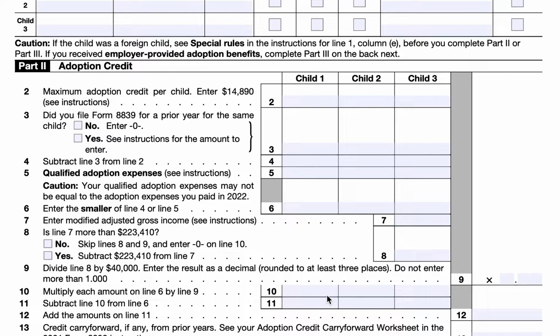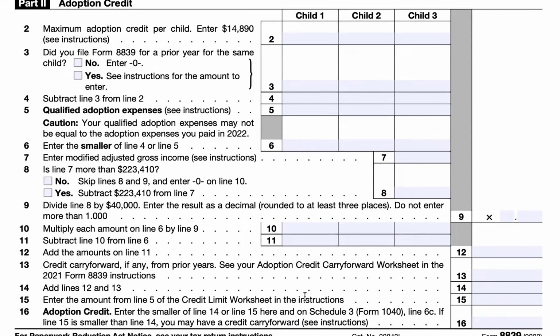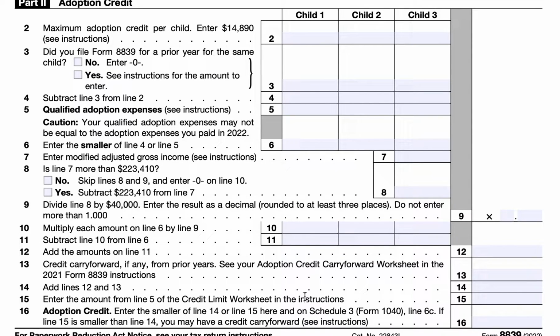In line 13, you'll enter the amount of any credit carry forward from prior tax years. You may need to see a prior year adoption credit carry forward worksheet in the 2021 form instructions. In line 14, you'll add the amounts in line 12 and line 13.